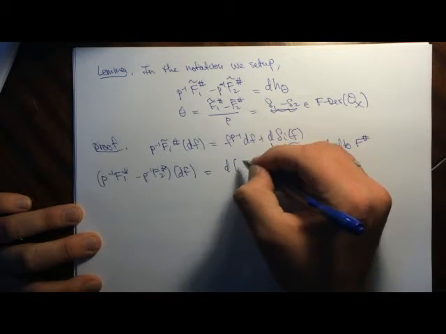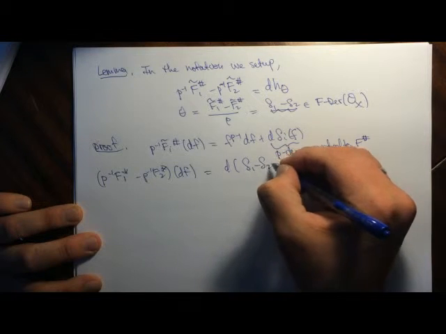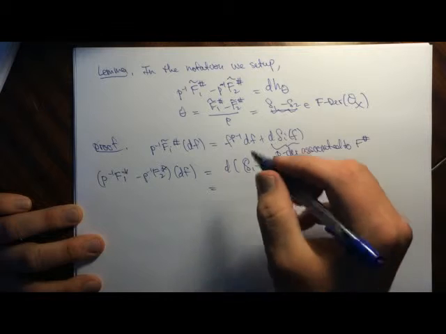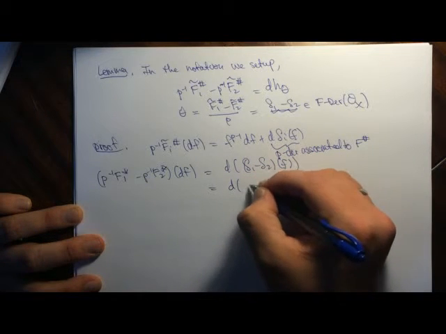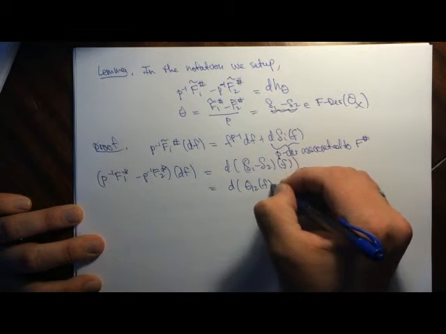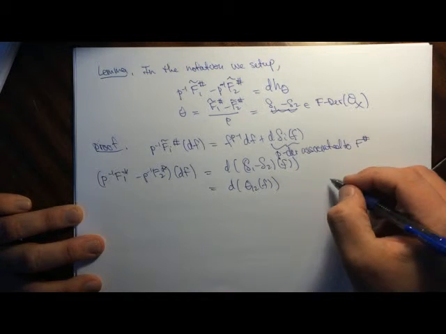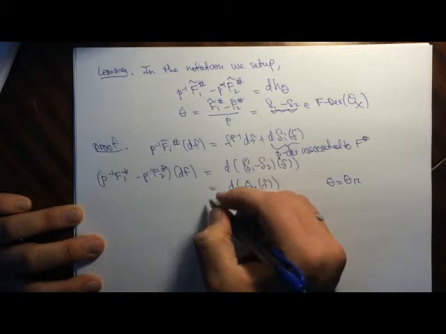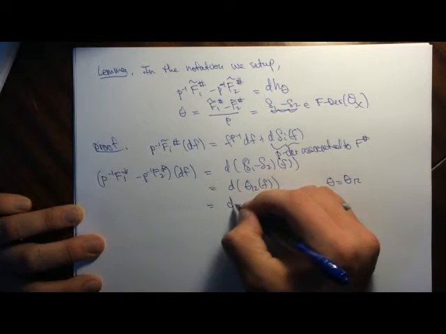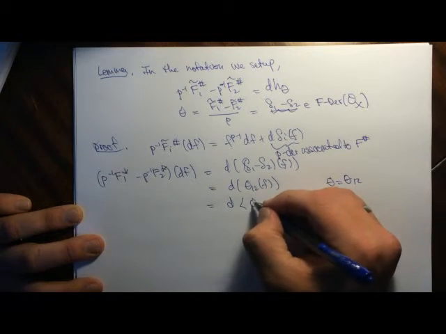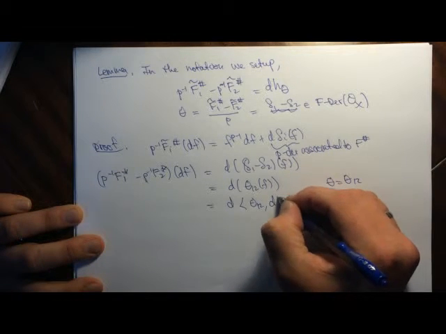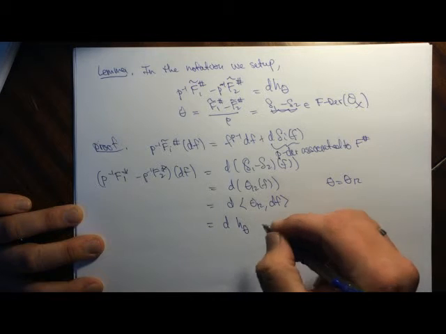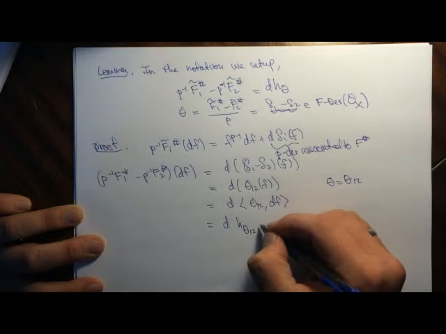So this is d of the difference of these guys, and so this is d of theta 1,2 of f. Okay, so theta is equal to theta 1,2. And so this is d of theta 1,2 paired with df, and this is what we call d of h of theta 1,2 of df.